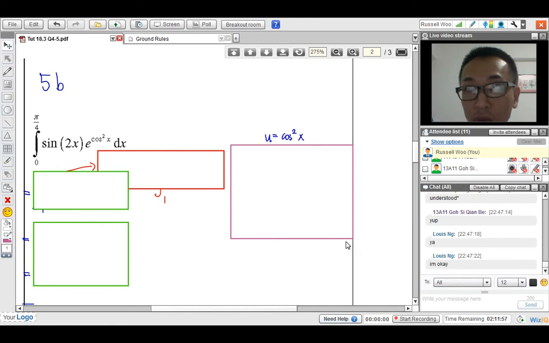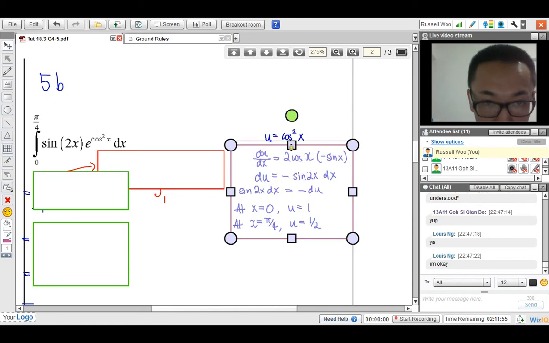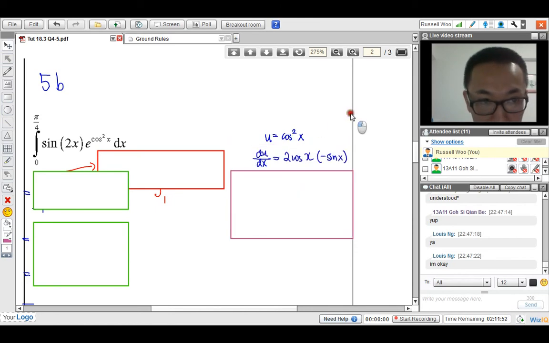Okay, u equals cosine squared x. Differentiate one time. I get this. And let us keep an eye on what we have here. Look here, I have 2 sine x cosine x. Keep an eye here, you have sine 2x. Now you have a 2 sine x cosine x.